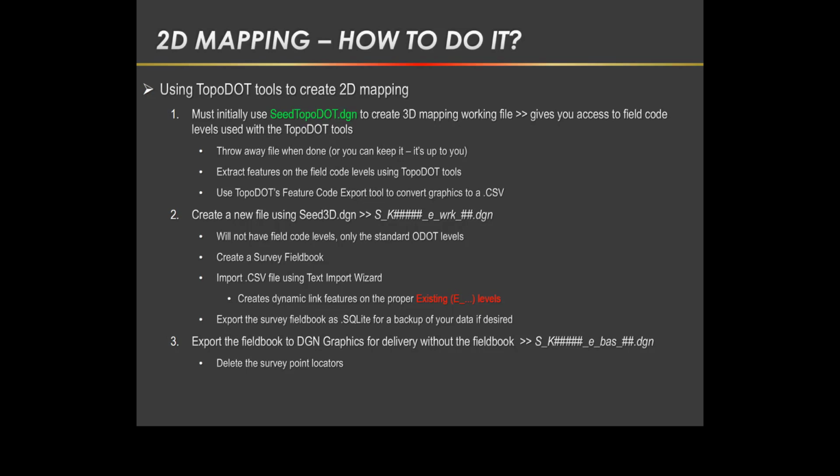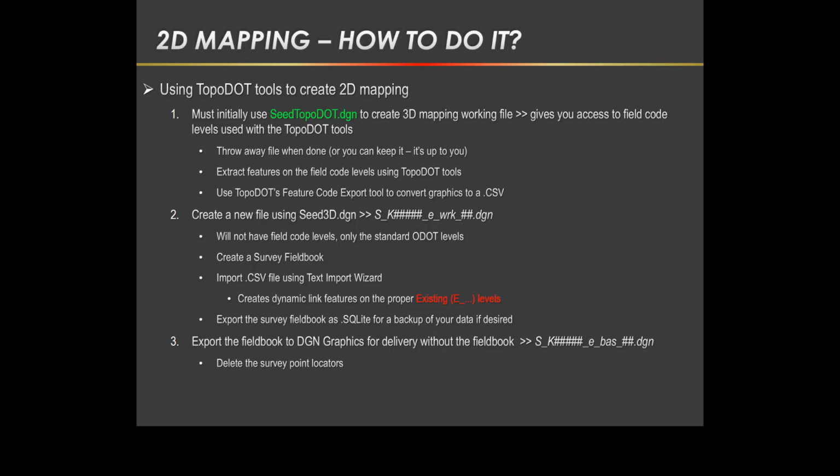You're then going to create a new file using the seed 3D, and that would be like your working file that we created earlier. And this file will not have the field code levels. It's only going to use those standard ODOT levels, but you've got that CSV file that you've exported from your feature code export tool that you're then going to create a survey field book and import that CSV file into that survey field book.